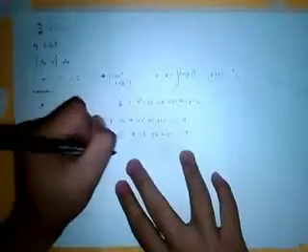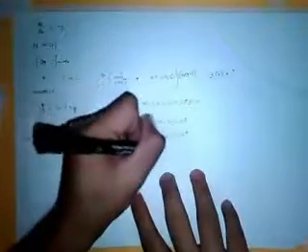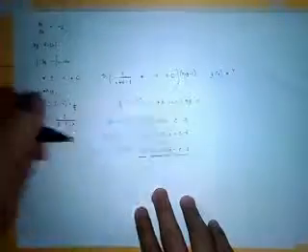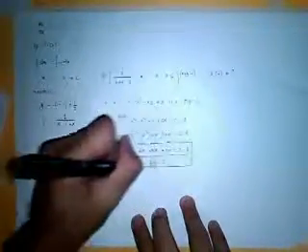And then our y is just equal to negative x squared plus x plus c of x minus c minus 1 over x minus c. And this is our final answer.